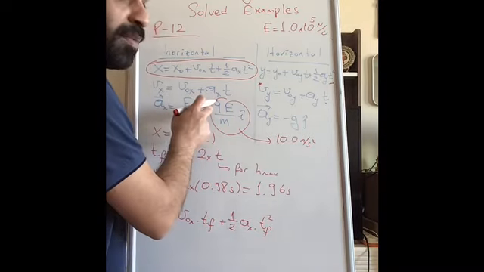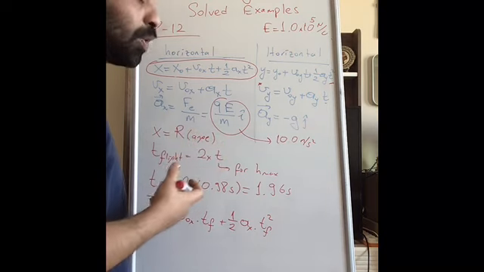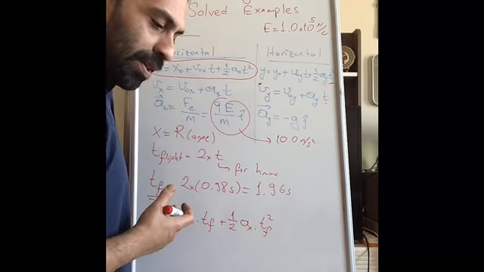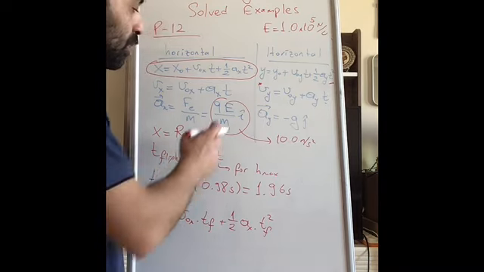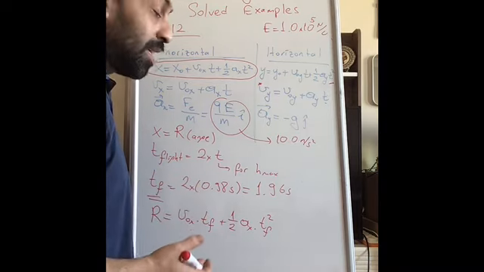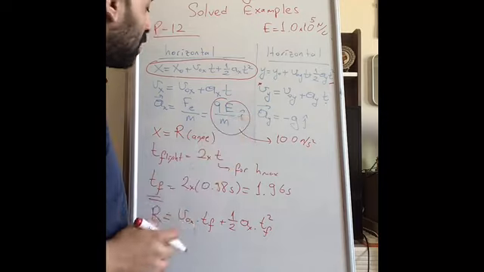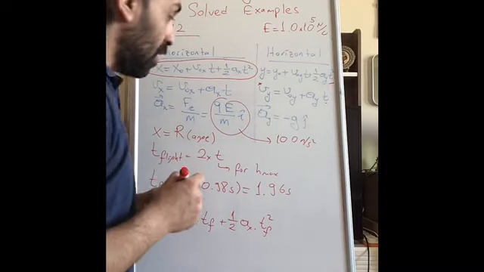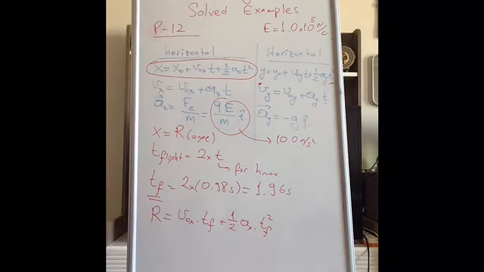Q is given as 1 microcoulomb. Don't forget to convert it to coulomb. Electric field is given, 1 times 10 to the 5th newton per coulomb, and mass is given, which is 10 kilograms. Just plug it here. You can calculate the x component of the acceleration, about 10.0 meter per second squared.